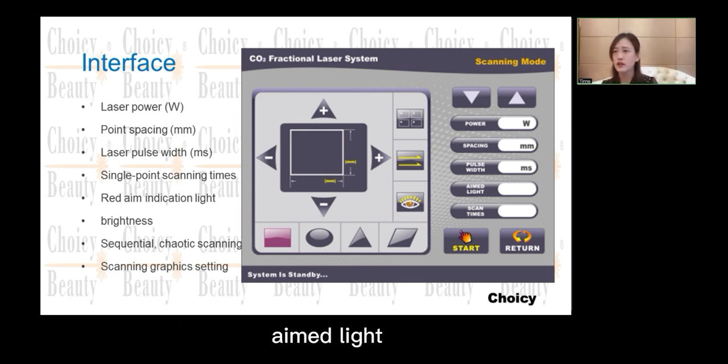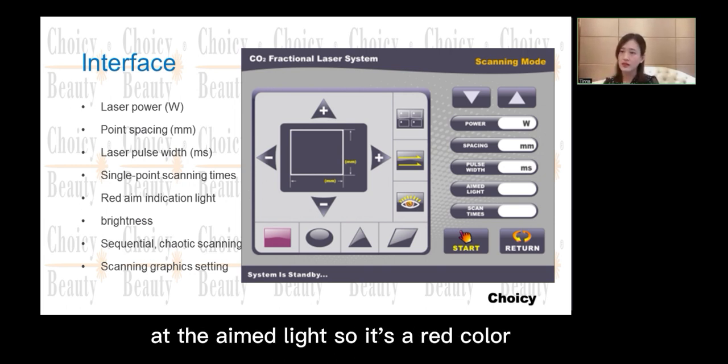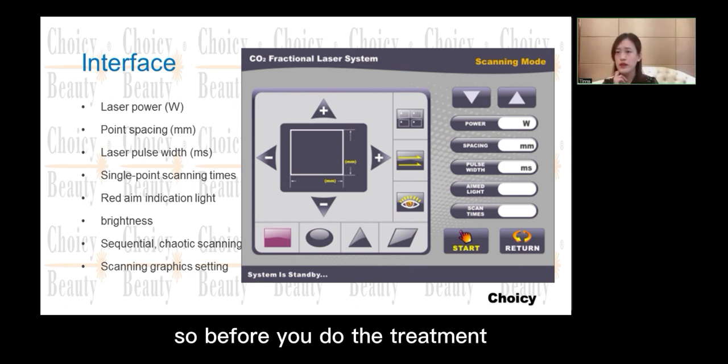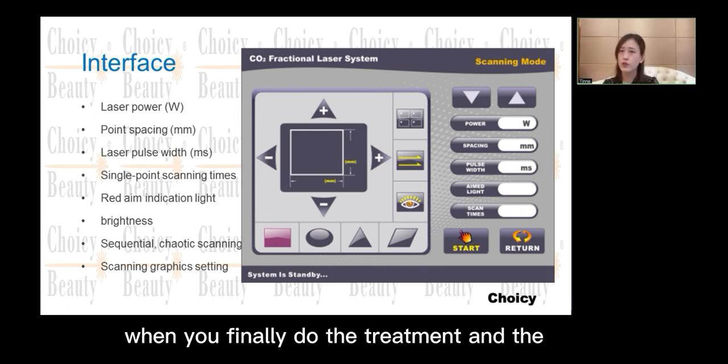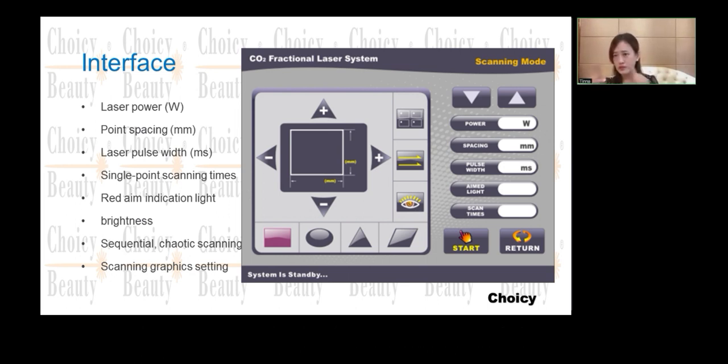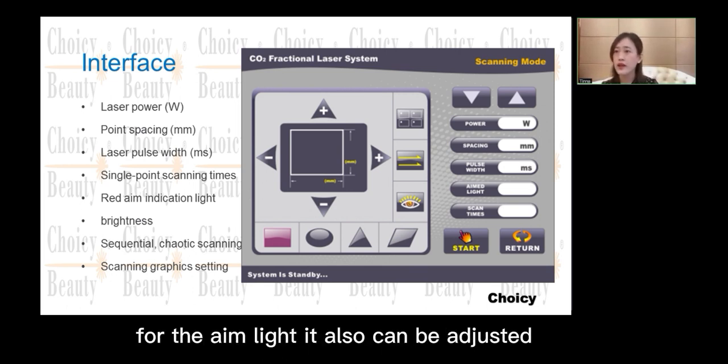Aimed light. We have an LED as an aimed light, which is red. Before you do the treatment, you can already see a red square on the treatment area. When you do the treatment, the red square is the final treatment range. The aimed light can also be adjusted.